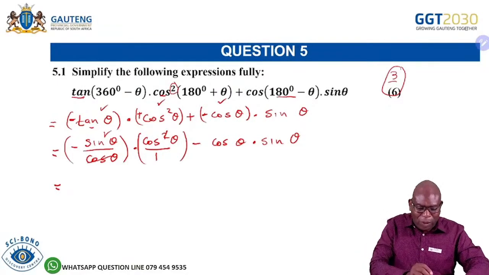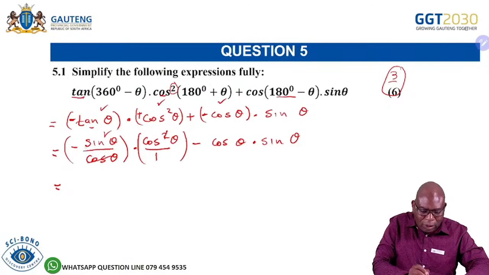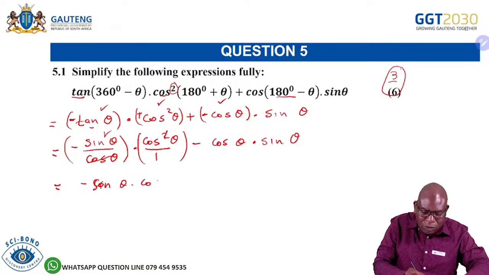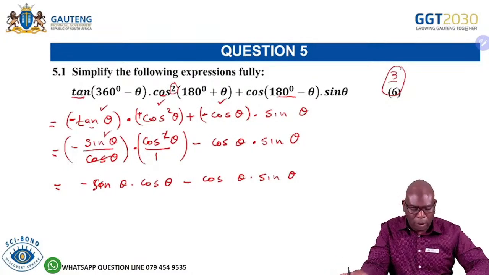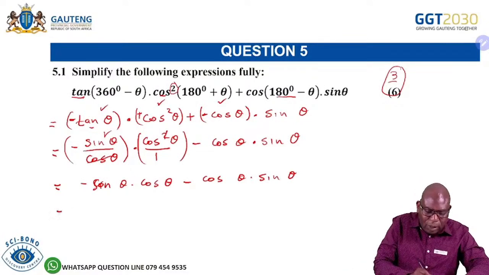Right. So what am I left with here? So I've got a negative sine of theta times cos of theta. Then there I've got a negative cos of theta times sine of theta. Okay. Then from there, what do I have here?